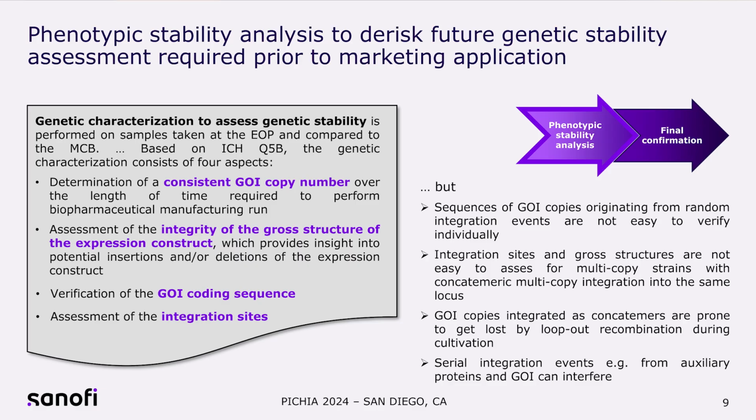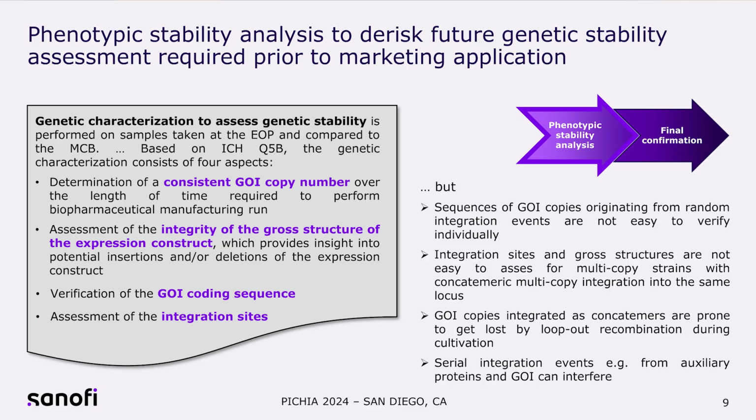They want us to look at a consistent copy number. If you compare starting material against end of fermentation cells, they want to ensure that there is still integrity of the cross structure of the expression construct, with no insertions or deletions in there. They want to verify that the gene of interest coding sequence is still the same, and also to assess in general the integration sites of the expression cassettes that are put into the strain.